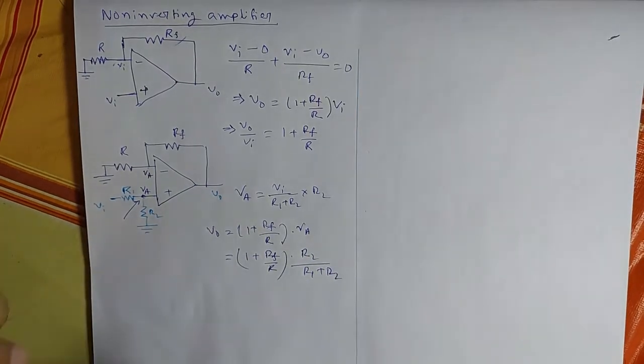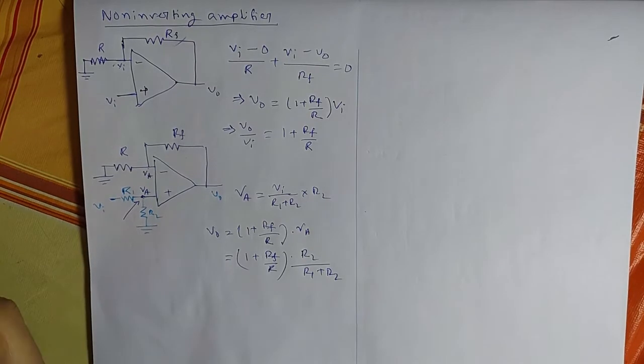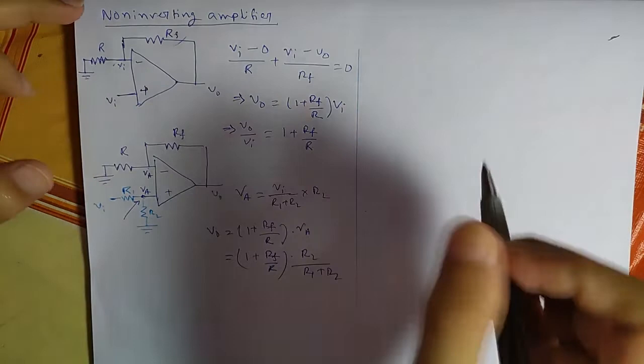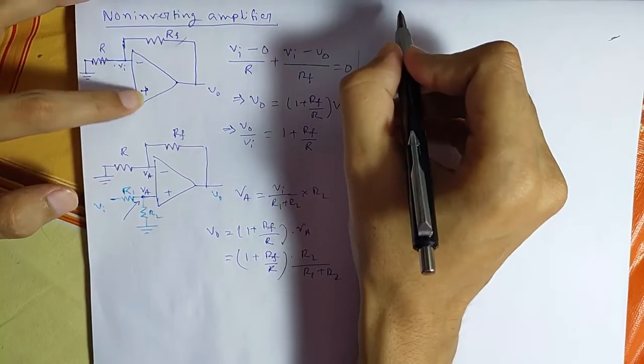Next we shall combine the inverting amplifier and non-inverting amplifier together in a circuit. That circuit is known as a differential amplifier or subtractor.